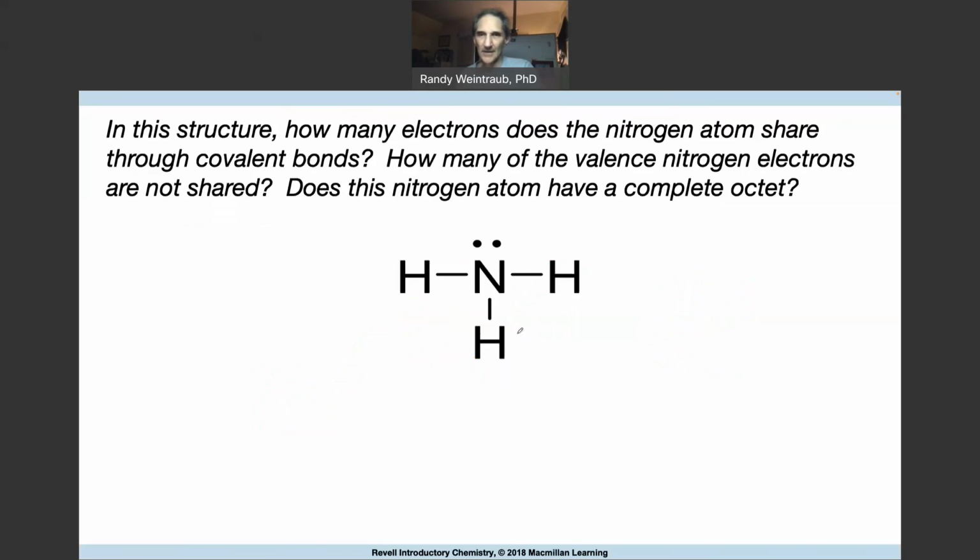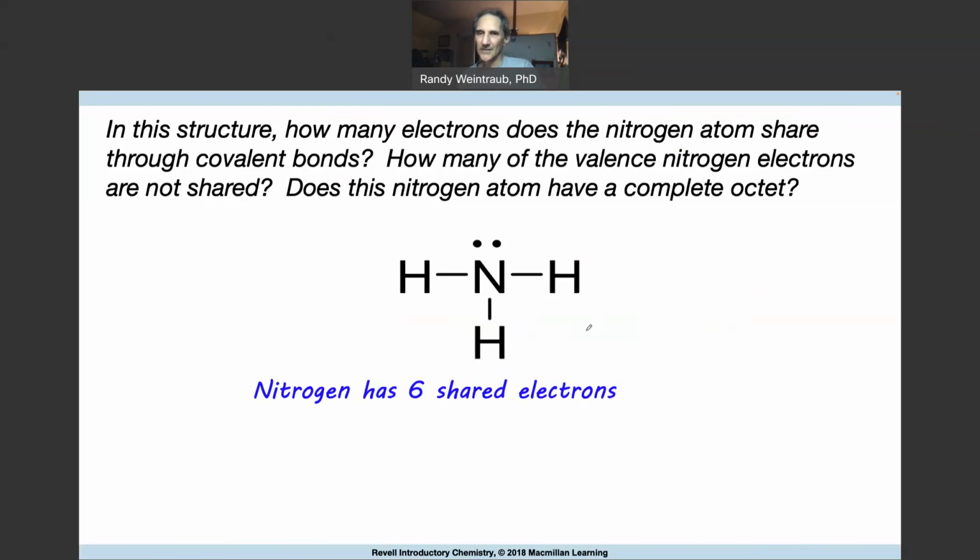Now let's look at this example here. How many electrons does the nitrogen atom share in these bonds? Does this nitrogen have its octet complete in the Lewis dot structure? Each dash represents 2 electrons.